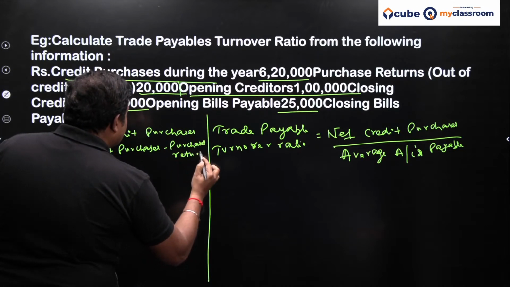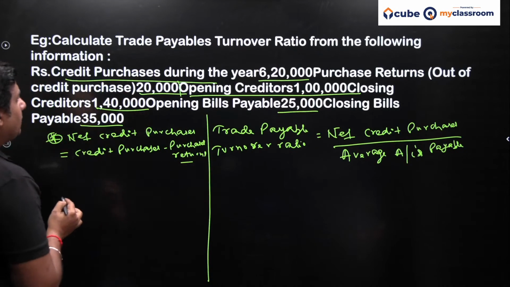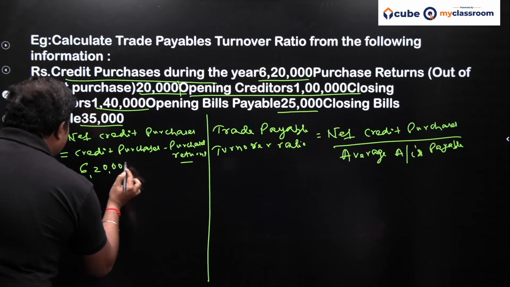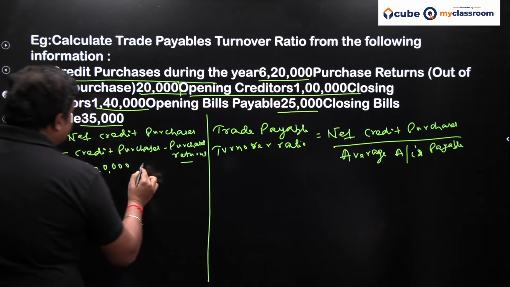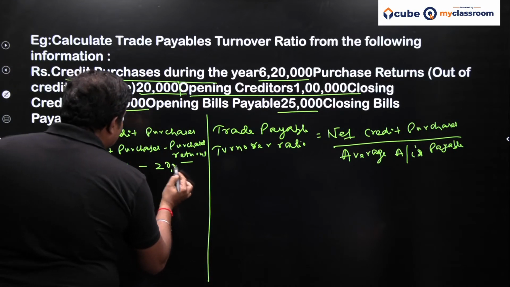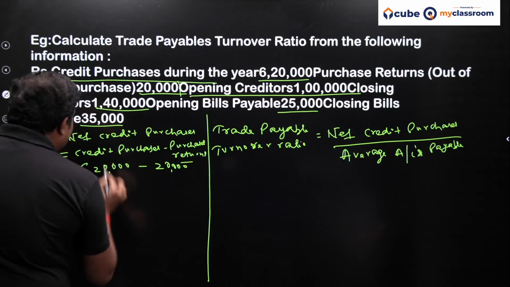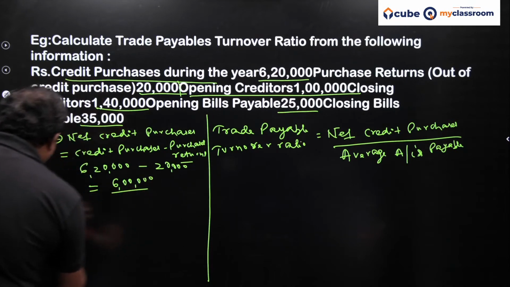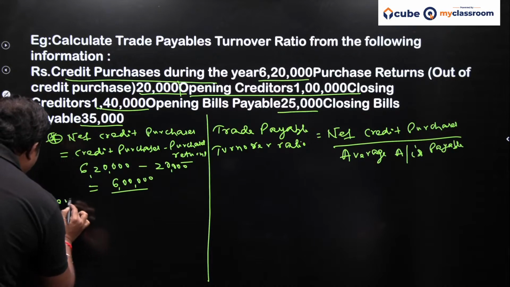Here they have given credit purchases of 6,20,000, and purchases return is 20,000. So your net credit purchases would be 6 lakh rupees. Alright, and now it is time to find the average trade payable.